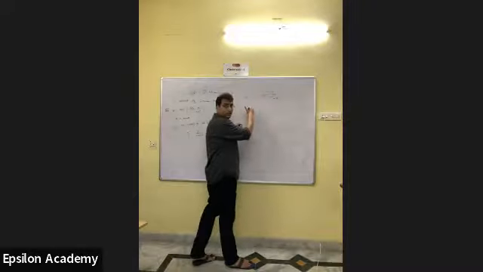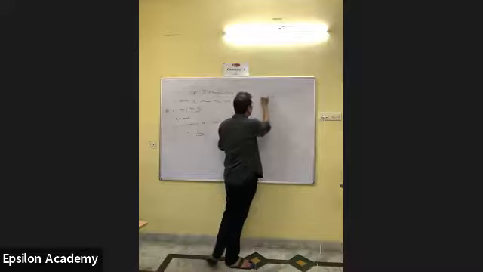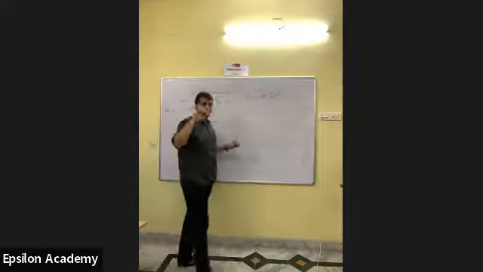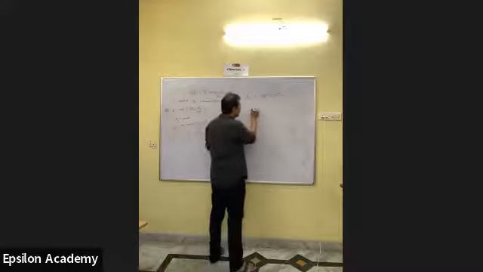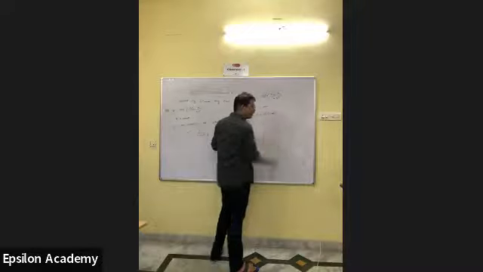Okay, what is it? Sin inverse of 1 minus x square by 1 plus x square, which is generally cos 2 theta. So you put x is equal to tan theta, then y will be equal to sin inverse of cos 2 theta, right?